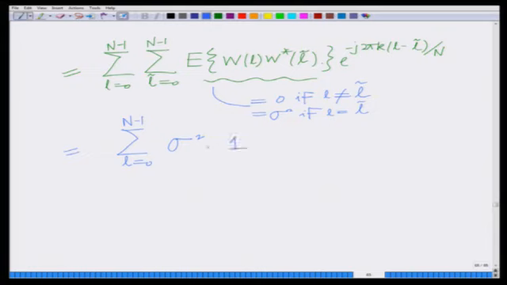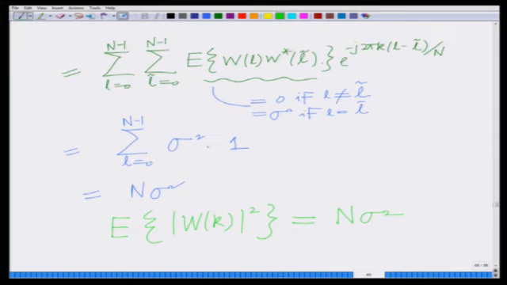Therefore, the summation of sigma square from L equal to 0 to n minus 1 gives n sigma square, and hence I can write the variance of the noise at the output, the expected value of magnitude W_k whole square, equals n times sigma square.